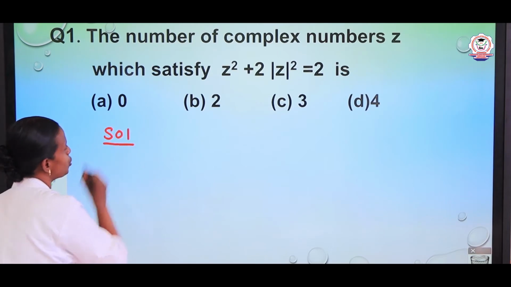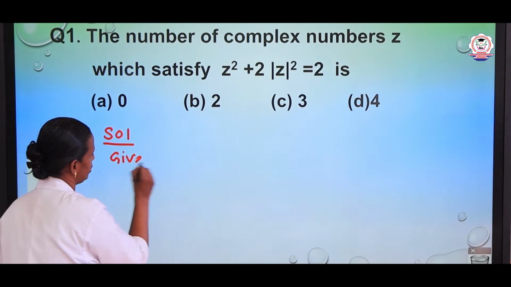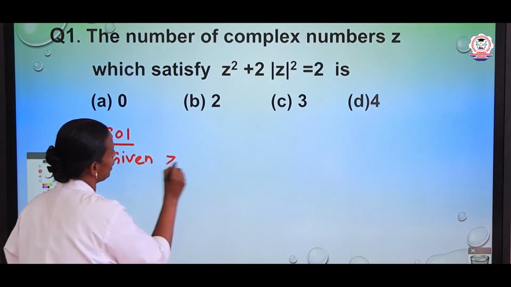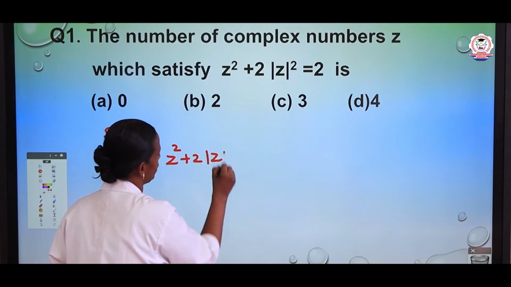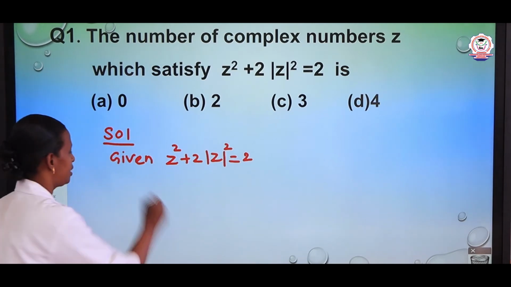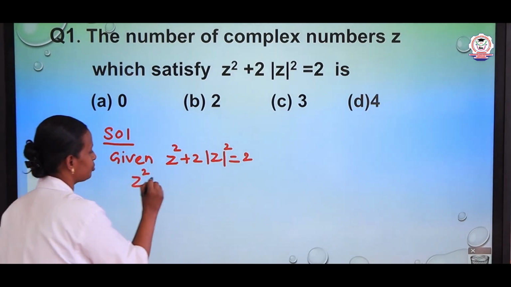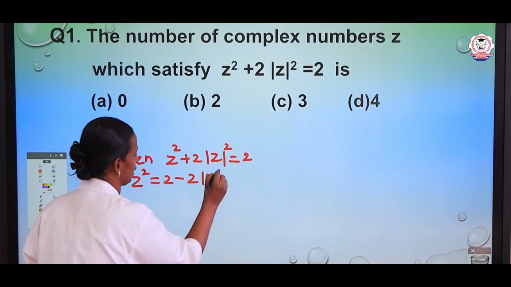Solution. So what is given? Z square plus 2 into modulus of Z square equal to 2. That is, Z square equal to 2 minus 2 into modulus of Z square.